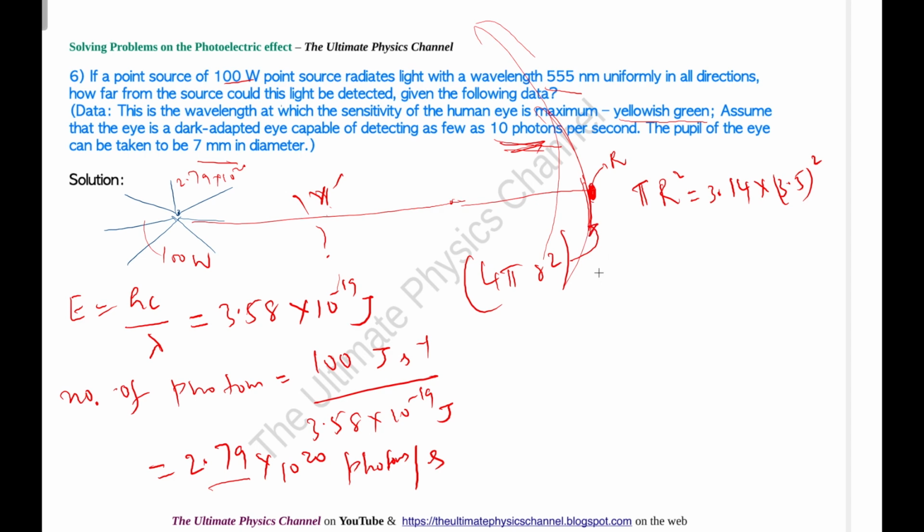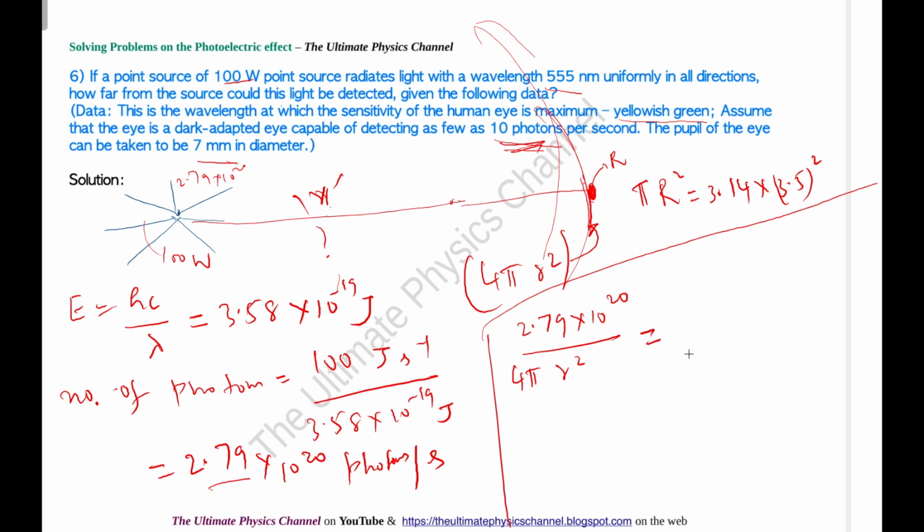So what we have here is to calculate r. On the left hand side, we have a photon density over a given surface to be 2.79 times 10 power 20 over an area of 4 pi small r square.